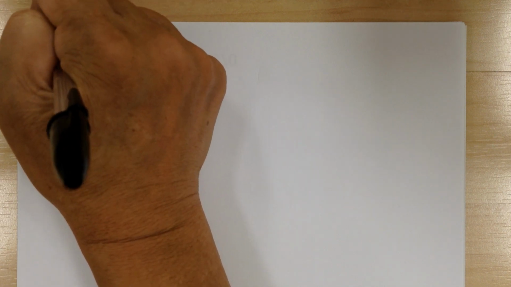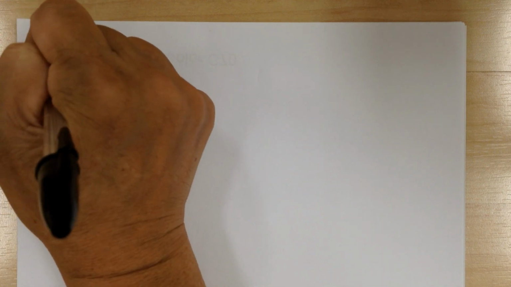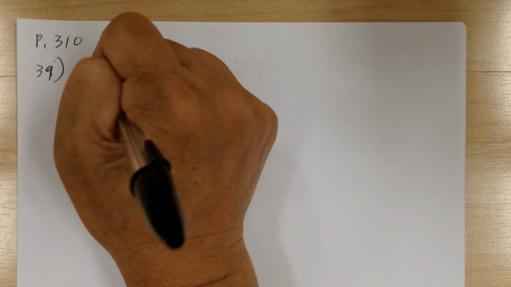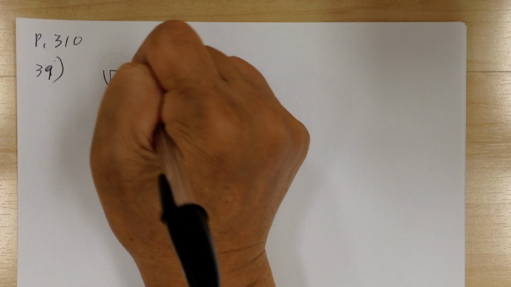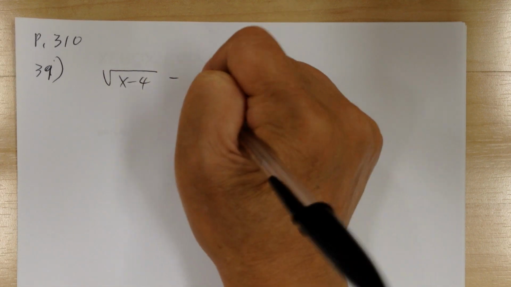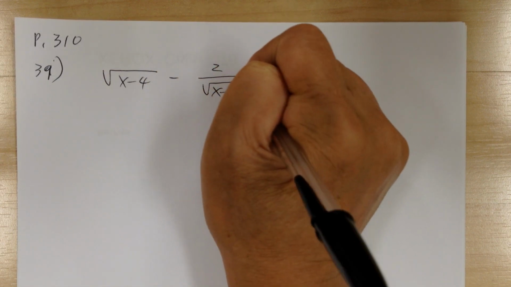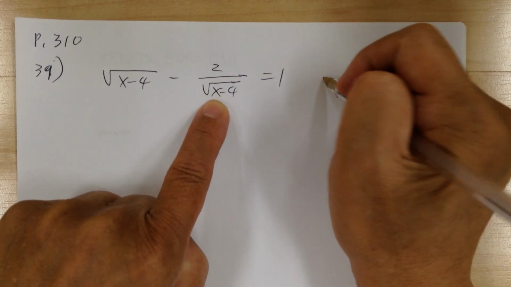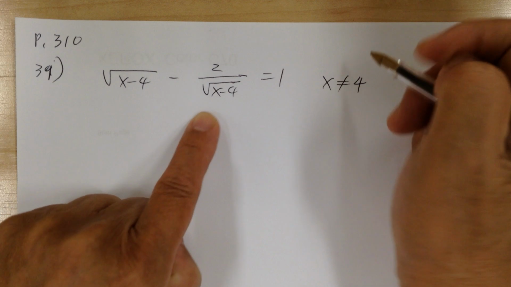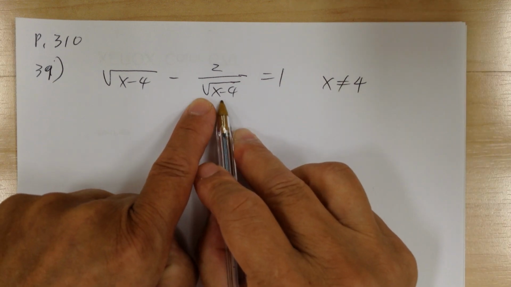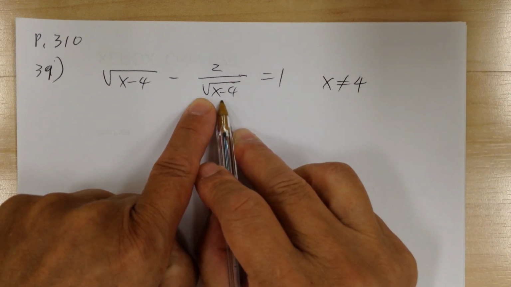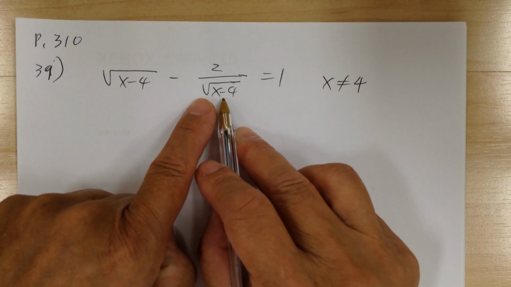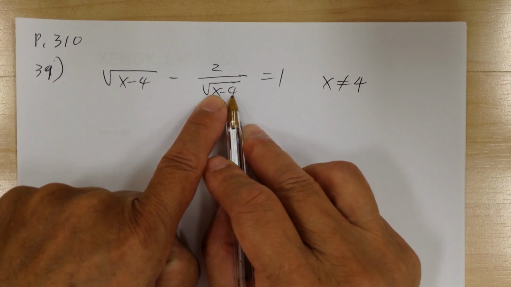Okay, let's go to the next one. So you've got (square root of x minus 4, minus 2) over square root of x minus 4, equal to 1. So over here, your restricted value would be x cannot equal 4, because when x equals 4, it would make it equal to 0.